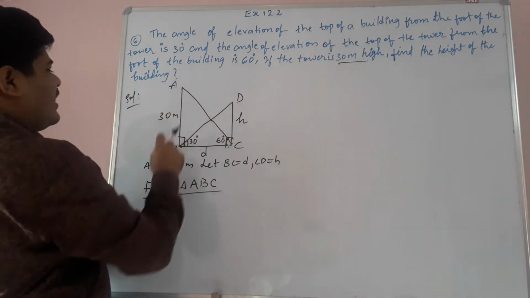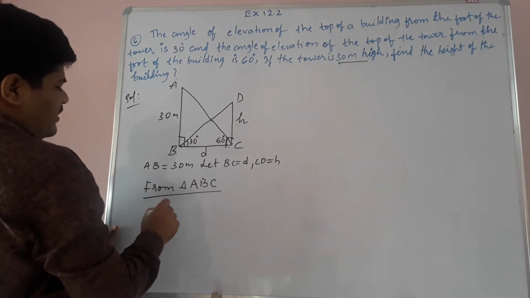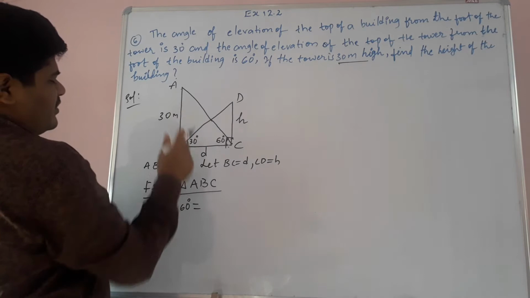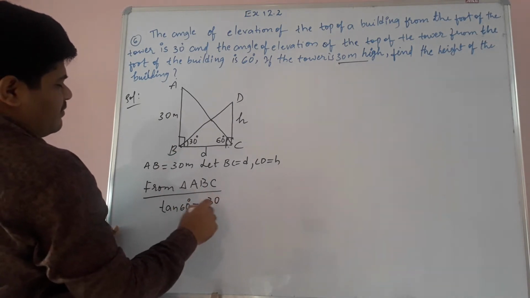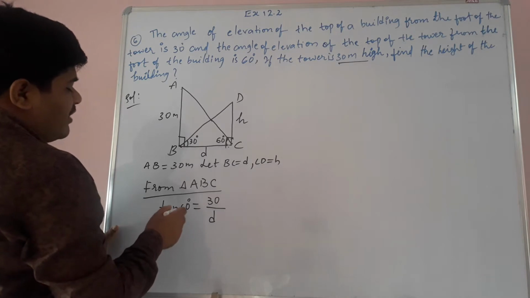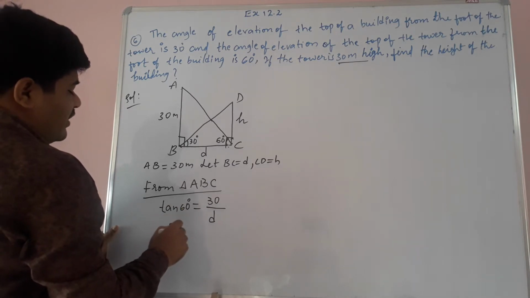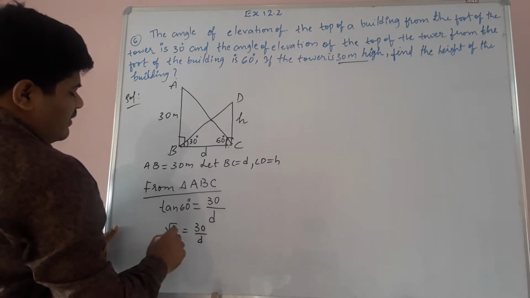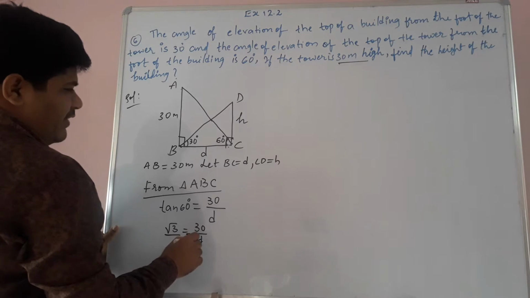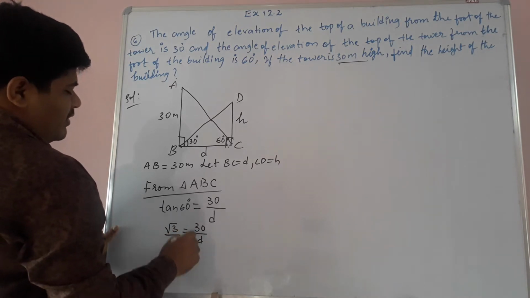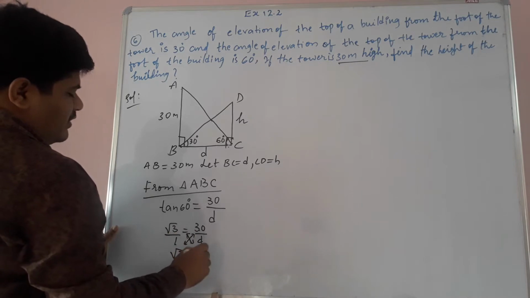So from triangle ABC we can write tan 60 degrees is equal to opposite side by adjacent side, that is 30 meters by D. What is the value of tan 60? That's root 3. So root 3 is equal to 30 by D, with root 3 as root 3 by 1. By cross multiplication, root 3 into D, that is root 3 D, is equal to 30 into 1, that is 30.